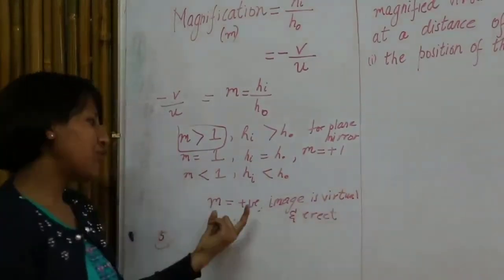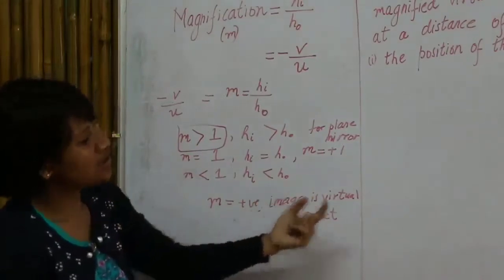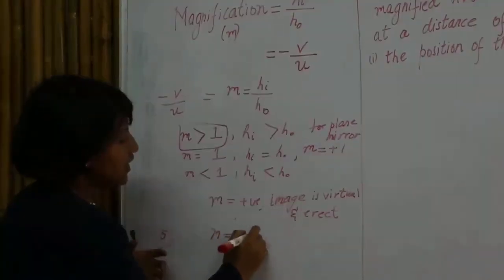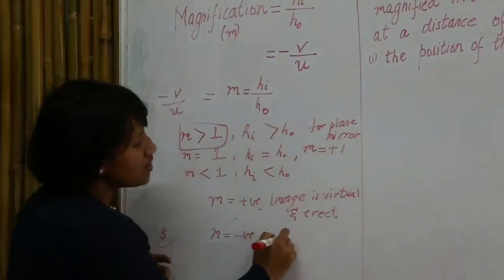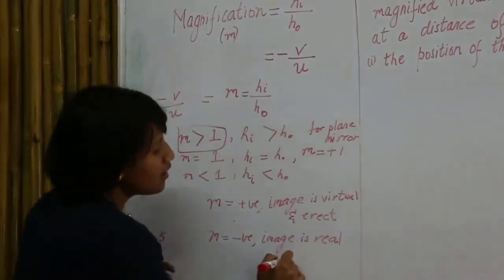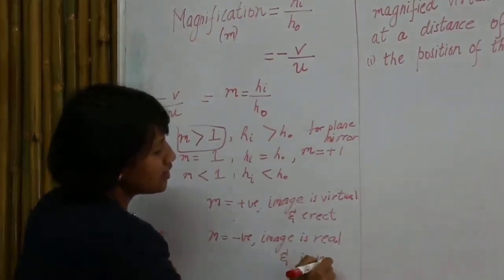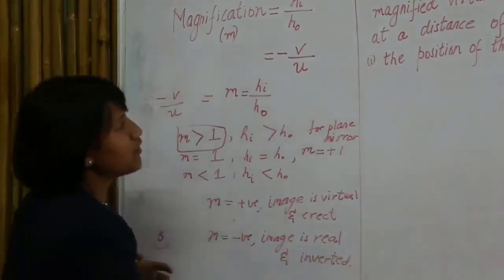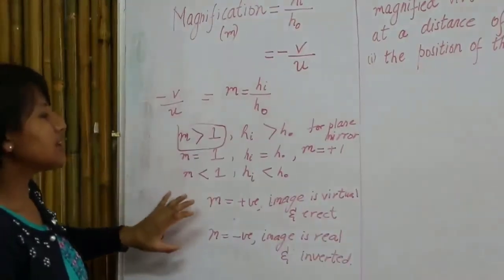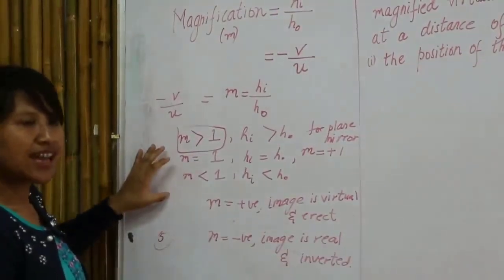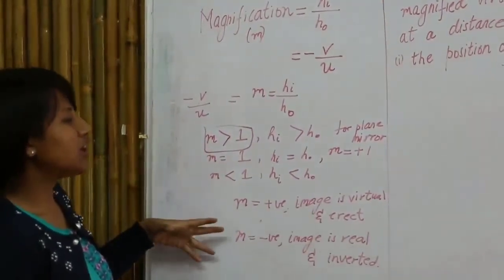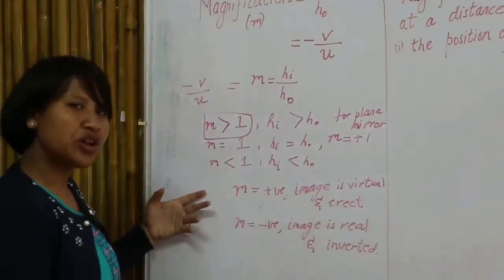So if you see that magnification is plus, you can conclude directly. But if it is negative, the image is real and inverted. So magnification gives us this information: the size of the image with respect to the object, and whether the image is virtual and erect or real and inverted.